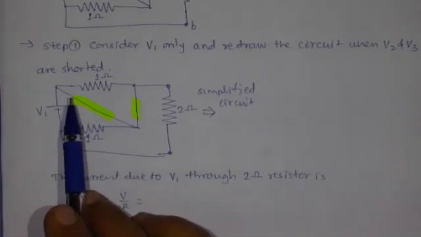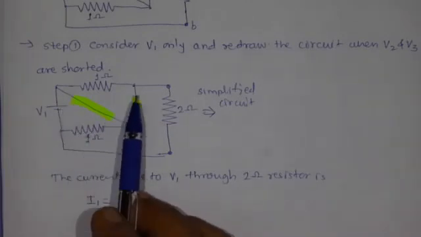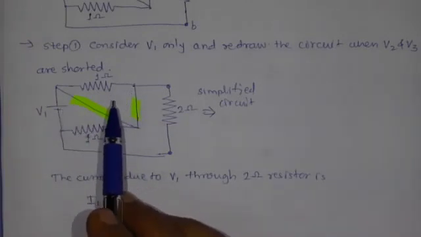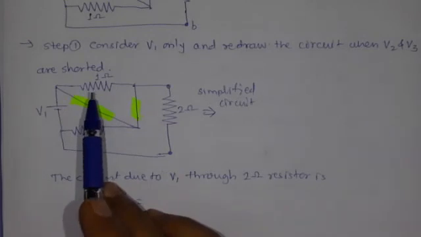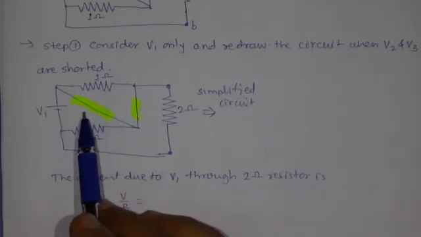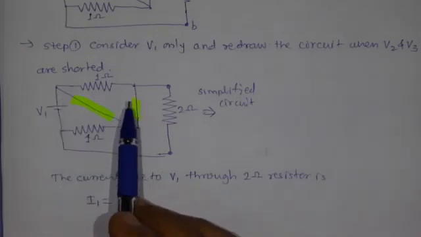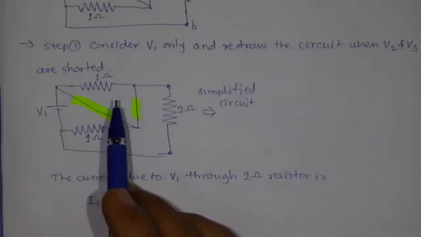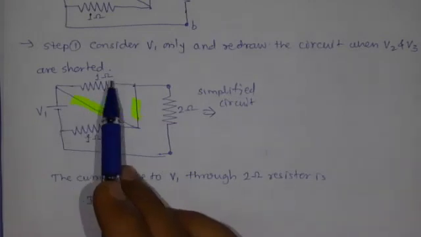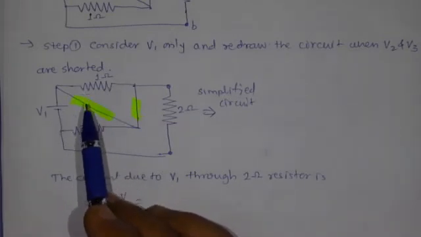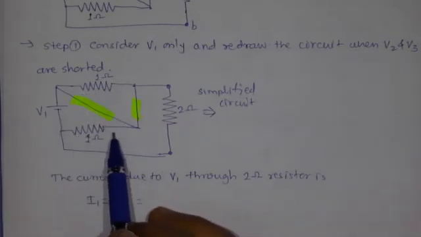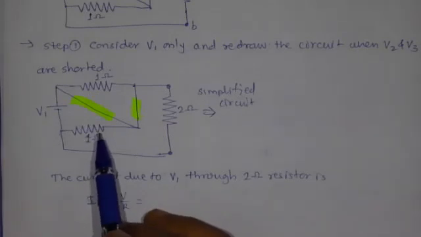And current has one property: current always takes the low resistance path. If you consider the parallel resistance, 1 ohm with 0 ohm, the equivalent resistance becomes 0, means it is shorted. So this resistor must be cancelled, and the other 1 ohm resistor remains.